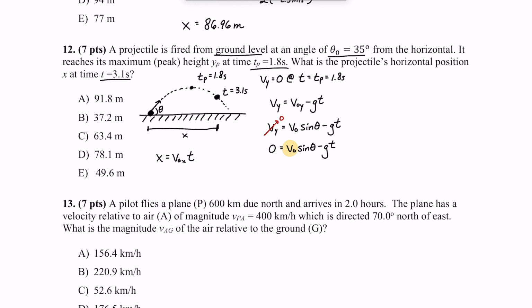So if I solve this equation for v naught, I get that it's equal to g times Tp, because that's the time that the object's at the top point, divided by sine theta.